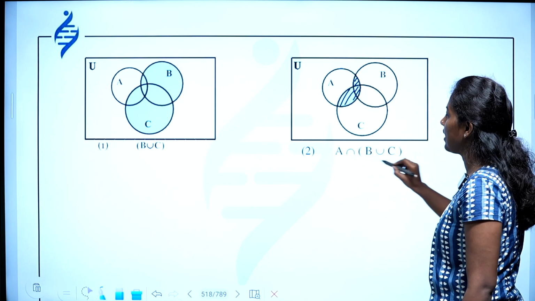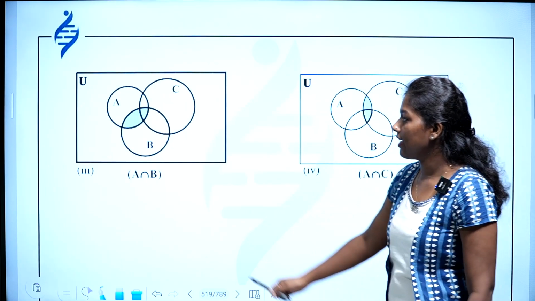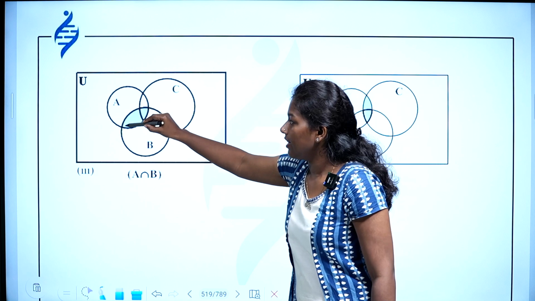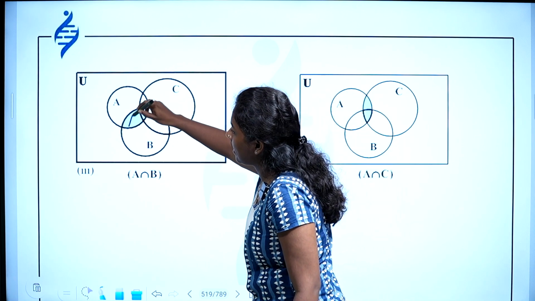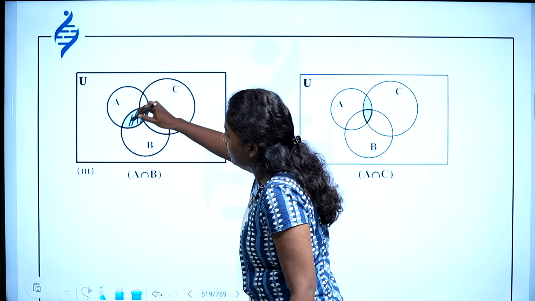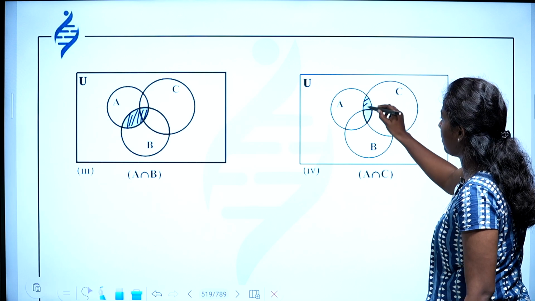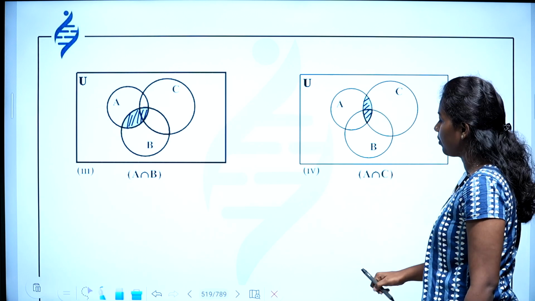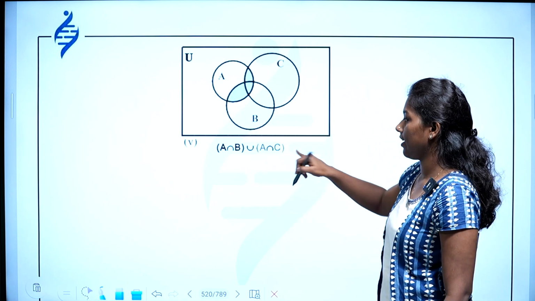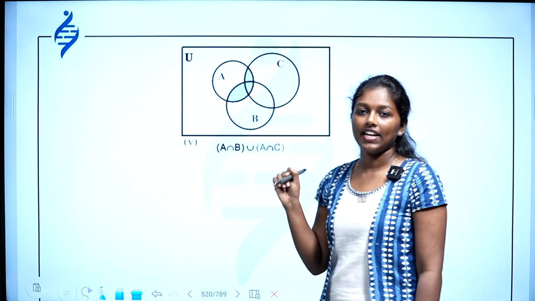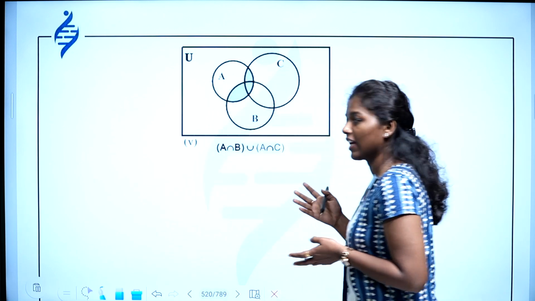Then this is A intersection B, the common elements of A and B. Then A and C, these are the common elements. If you take the union, you will get the same as A intersection B union A intersection C. So this was the Venn diagram for the distributive property. The distributive property can be proved by using a Venn diagram.